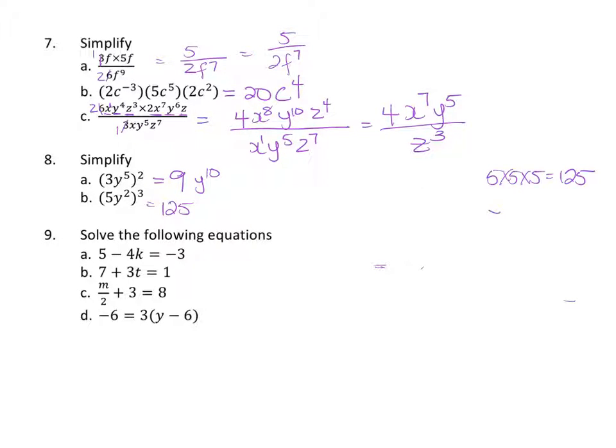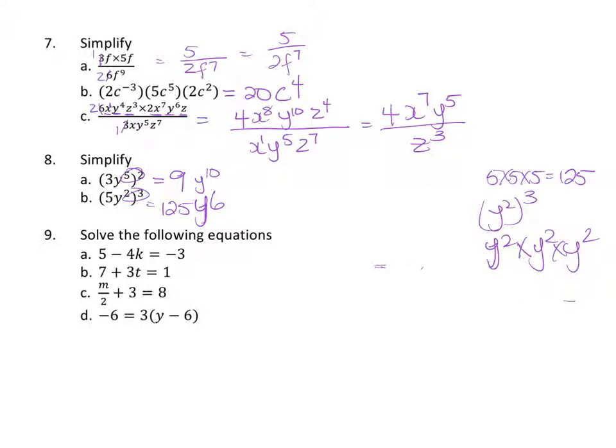And we have y squared that we're going to cube. So we have 3 sets of y squared, which will give us y to the power of 6. Right? Multiply the powers.